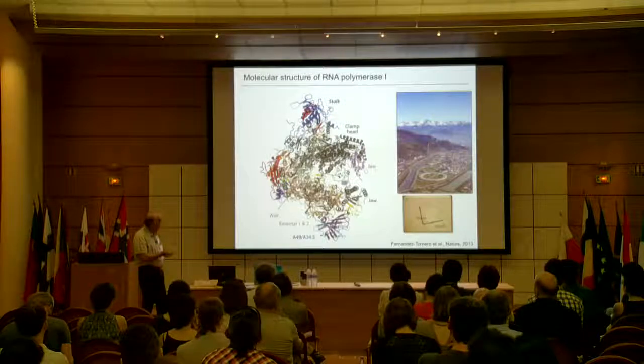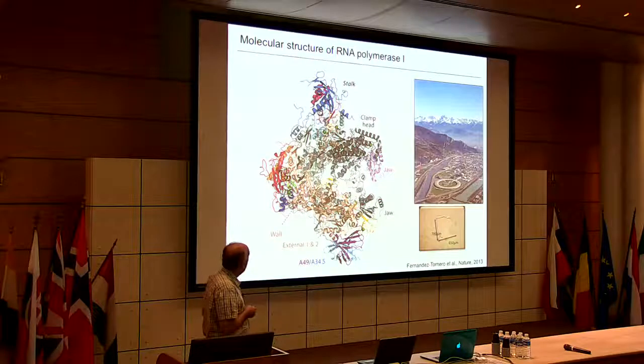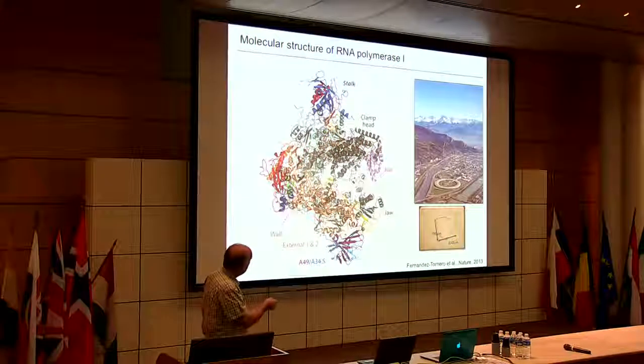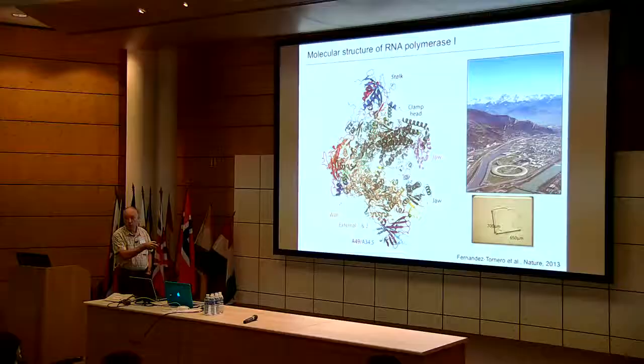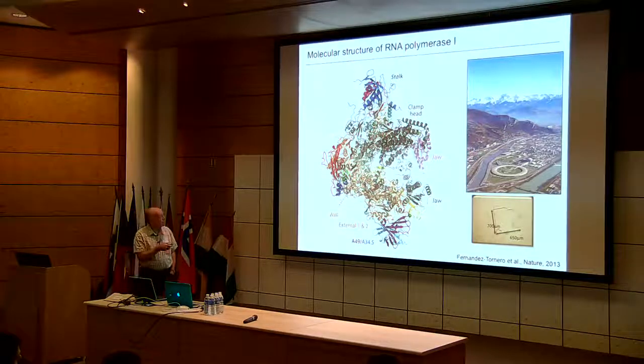You see these very long extensions which go out on the outside of the core enzyme. And here at the top is the stalk. The active center is somewhere here. And here is the DNA binding cleft, and downstream DNA enters here. It makes a 90-degree kink, which you'll see in a minute more closely, and comes out towards you.